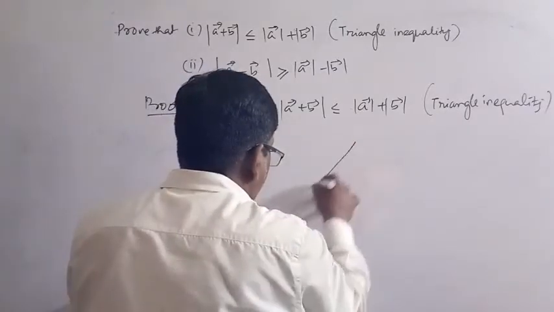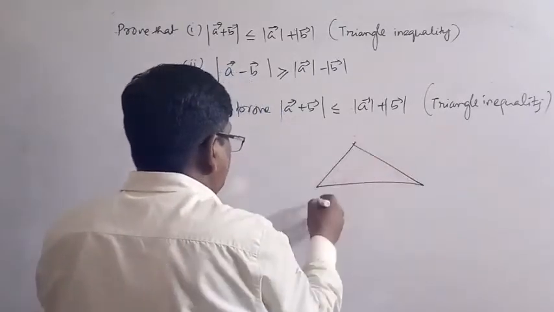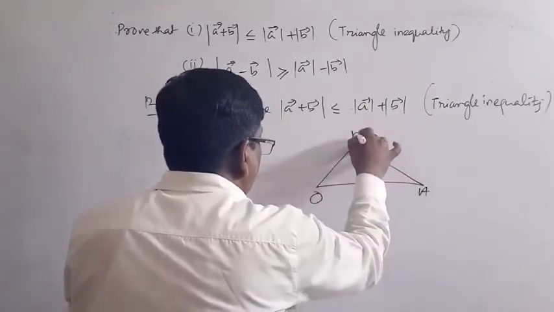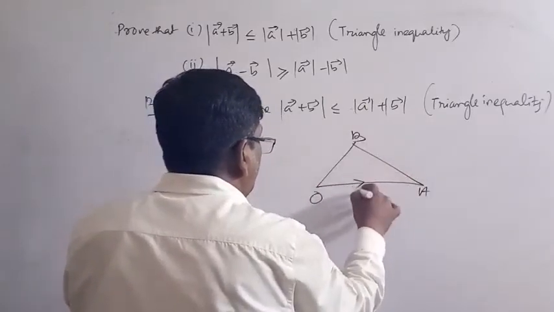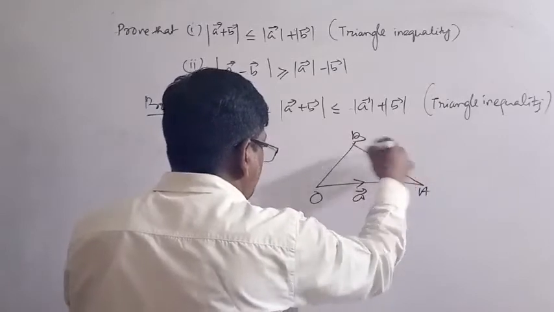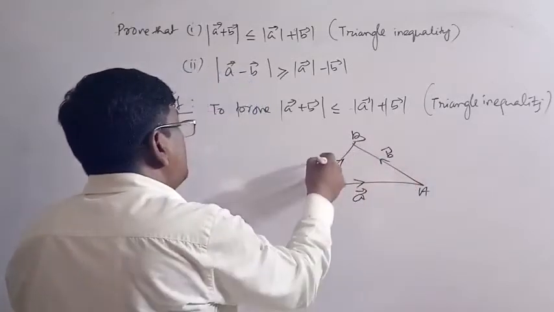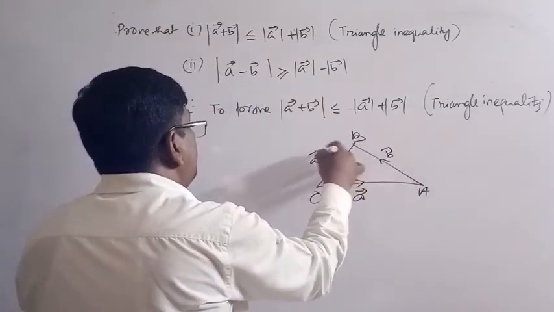Now let's suppose this is O, A and B. This is vector A and this is vector B. Now the resultant is A plus B vector.